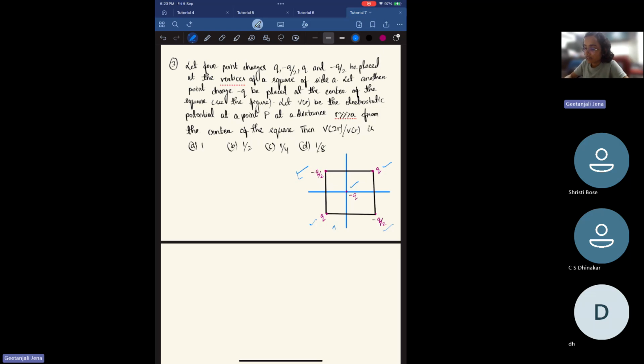And it's given V(r) is the electrostatic potential at a point P at a distance r much greater than the side of the square from the center of the square. So you need to calculate what will be the ratio of V(2r) versus V(r).